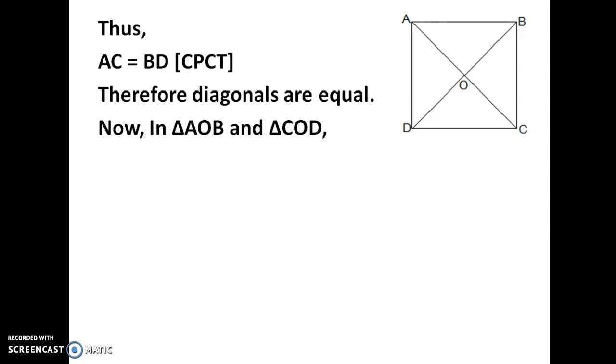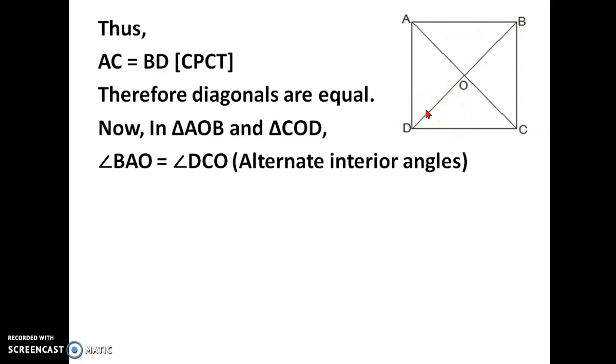Then now we are going to take AOB and COD. These two triangles we are going to take. So in that, angle BAO, this angle, and this angle, that is DCO.